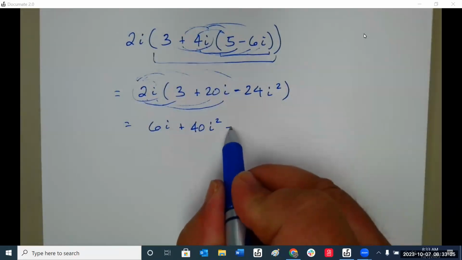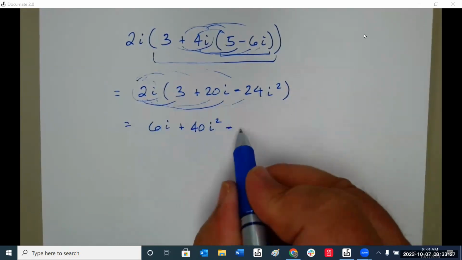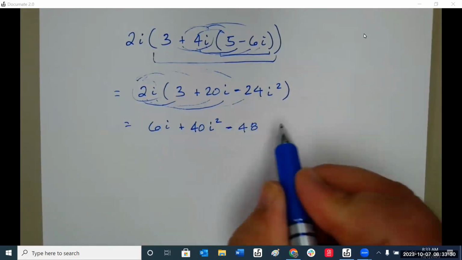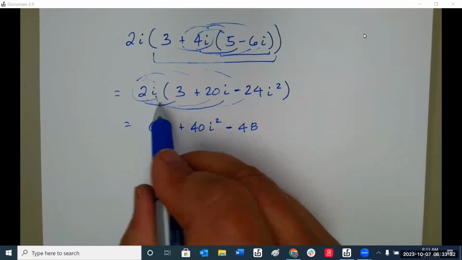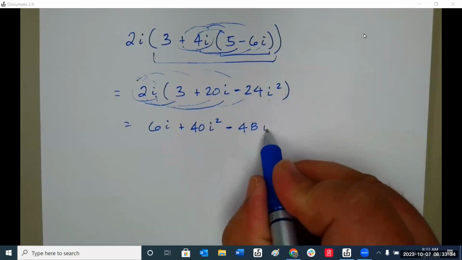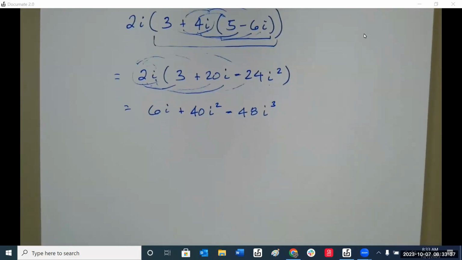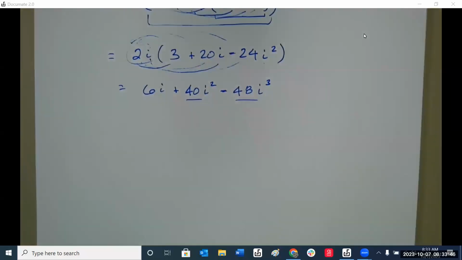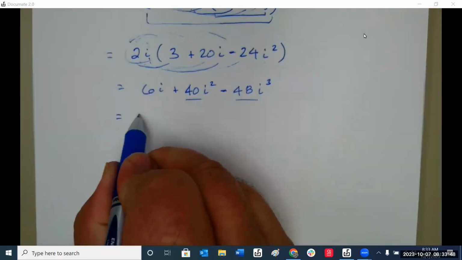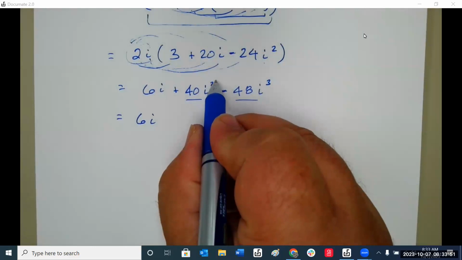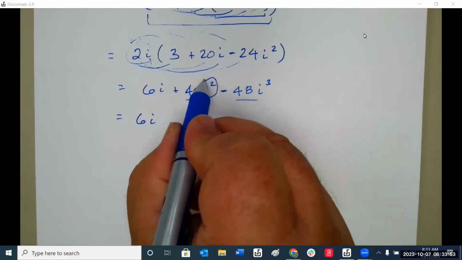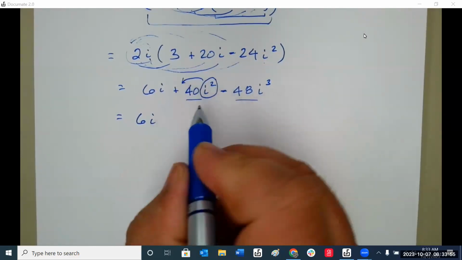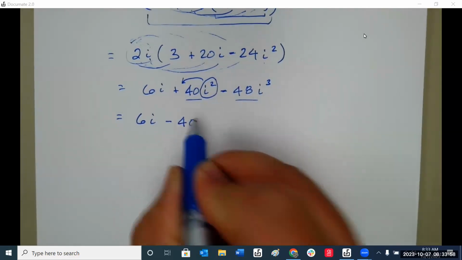Positive times negative is negative. 2 times 24 is 48. 1 i times 2 more i's is i to the third. These two have to be rewritten. So we have 6i. The i squared becomes -1, so it just changes that sign, so it's -40.